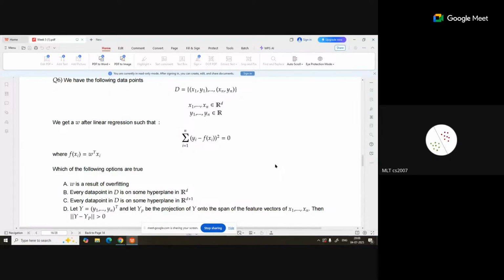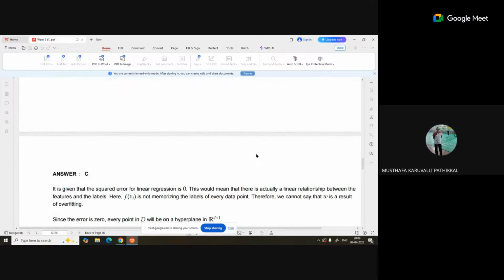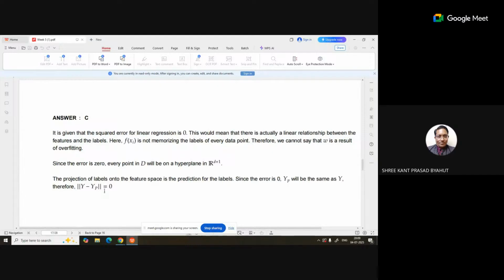Then the length of y minus yp is greater than 0. Will that be? No, it cannot be more than 0. They are all in the same hyperplane, so y minus yp should be equal to 0. So the statement is not true. Only C is true. Correct.